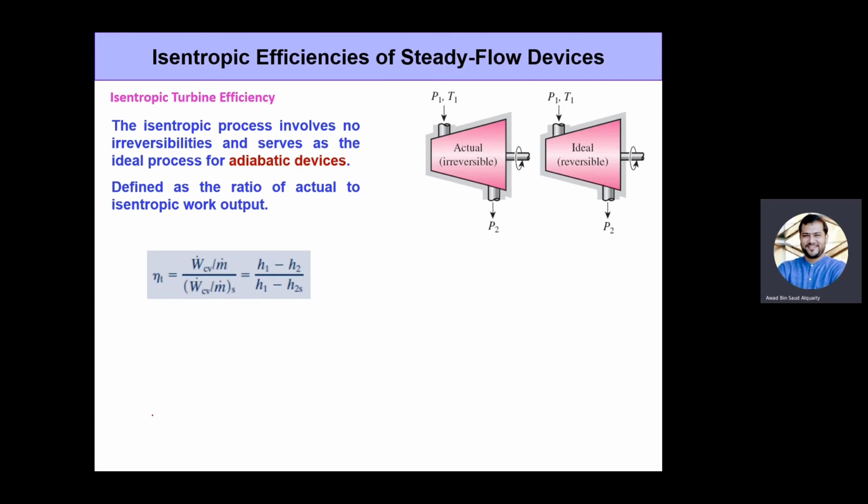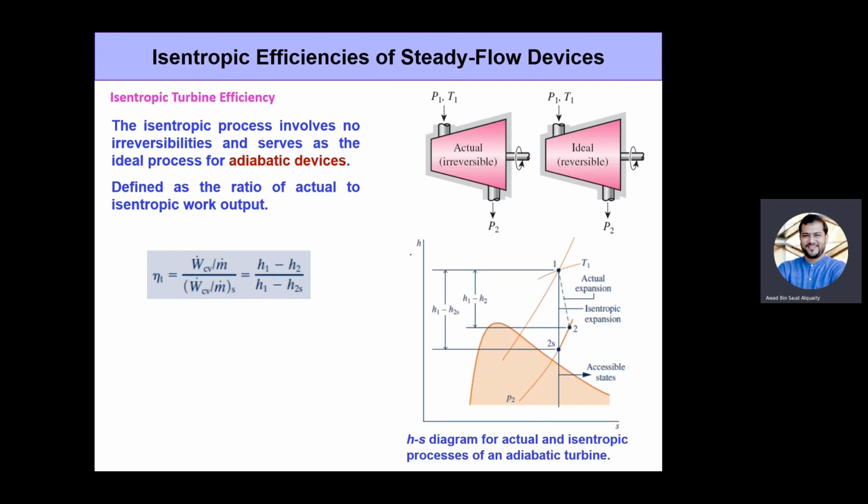So it's really important to remember that we are fixing P1 and P2. P1 and P2 are fixed and they are the same for both the actual scenario where you have irreversibilities and the ideal scenario where you don't have any irreversibilities and the process is completely reversible.